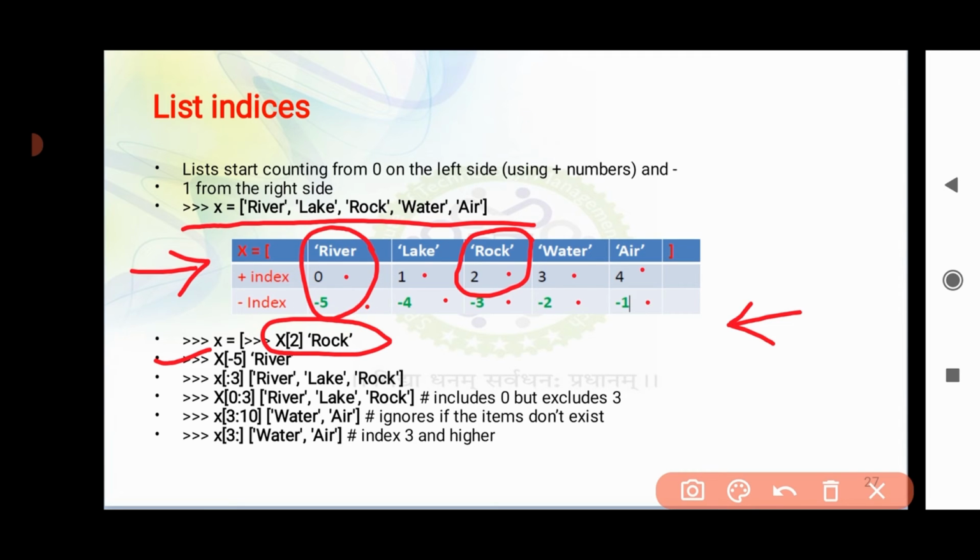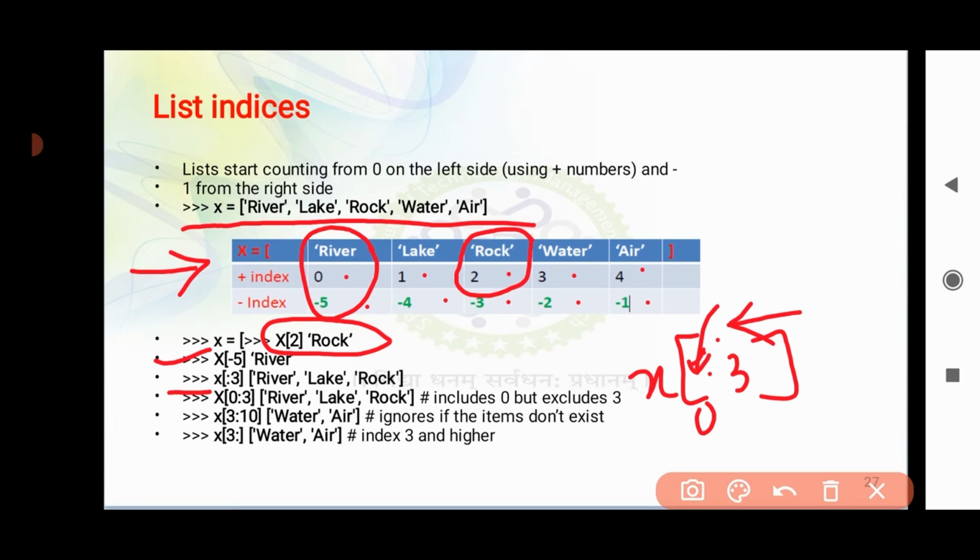Now the next we have here is x of colon 3. I will just write it here beside. Now if you see, nothing is mentioned before the colon. So in this case, by default, the initial range value will be taken as 0. So this has to represent the elements located between the index range 0 to 3.